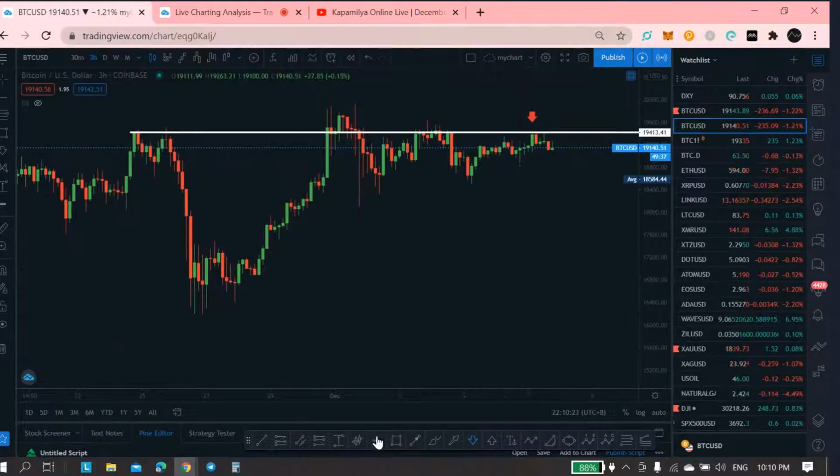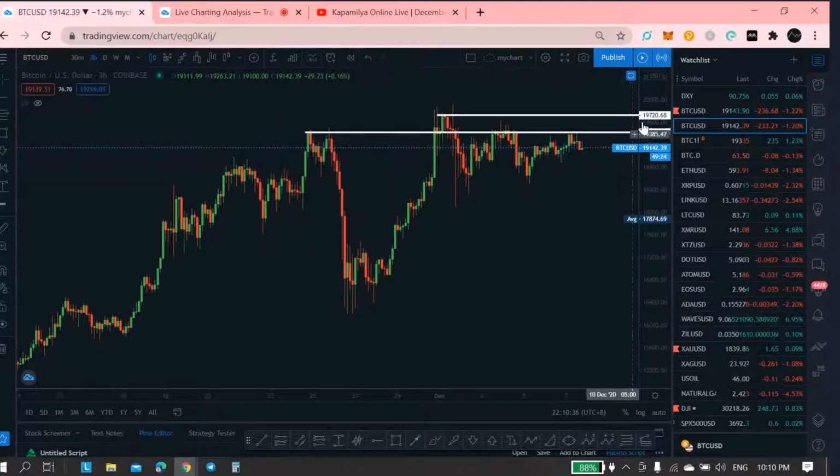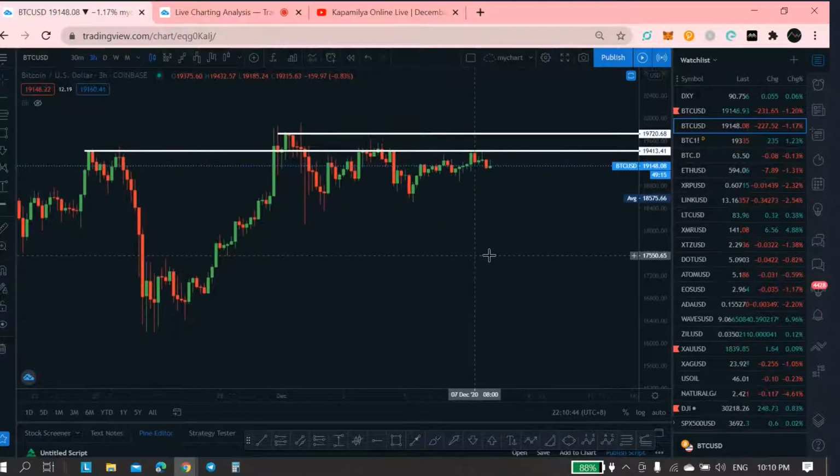So for it to continue to trend higher, it needs to solidly break that 19,400 area. A breakout of 19,400, possibly the next resistance, which is 19,720 or around the 19,700 area.